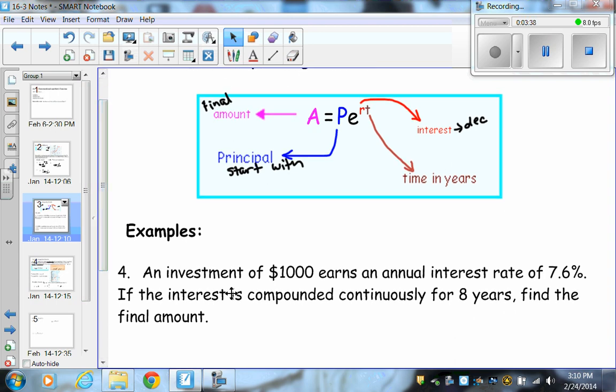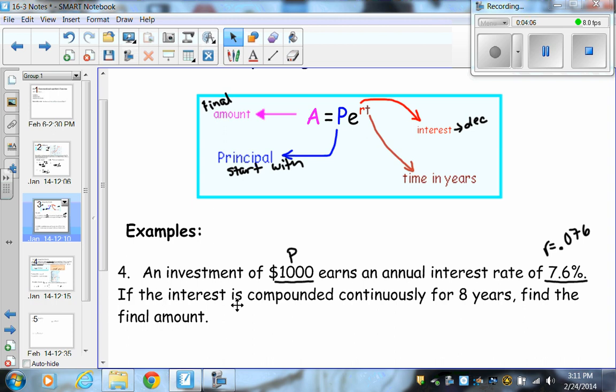So our first example using this says an investment of $1,000 earns an annual interest rate of 7.6%. So first thing I notice, an investment of $1,000, this tells me this is what I'm starting with, so this is my P. Annual interest rate, this is my r, but remember that the r has to be a decimal, so I'm going to move this 2 places to the left, so it's really 0.076.